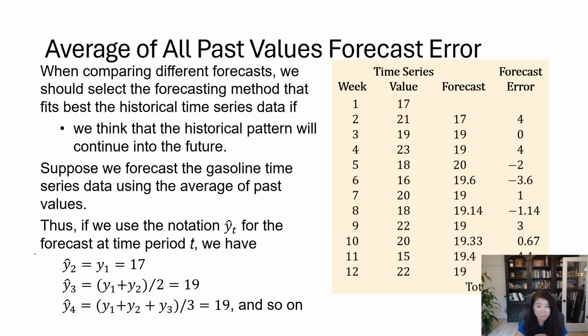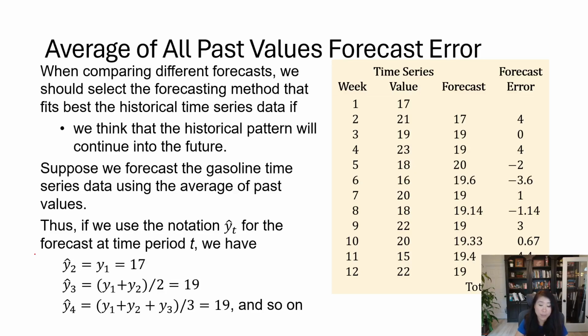When comparing different forecasts, we should select the forecasting method that best fits the historical time series data, if we think the historical pattern will continue into the future. Suppose we forecast the gasoline time series data using the average of the past values.